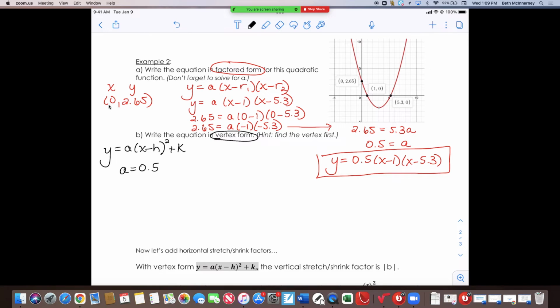Okay, we know a. But we need to find the vertex. So the vertex is halfway between my x-intercepts. So write this down if you need some advice for how to do this.